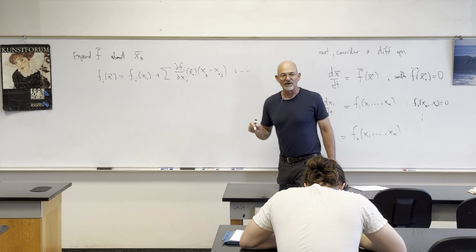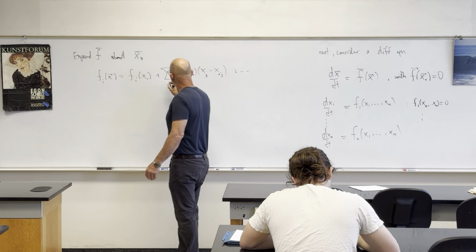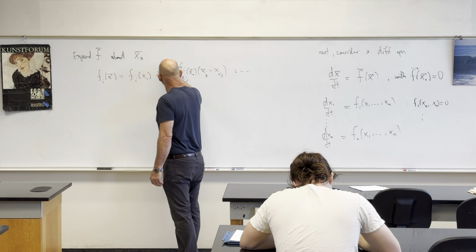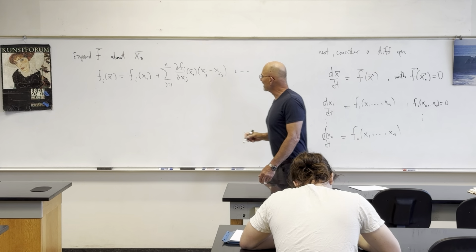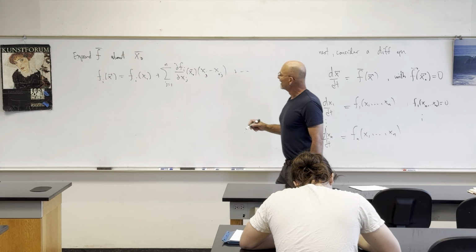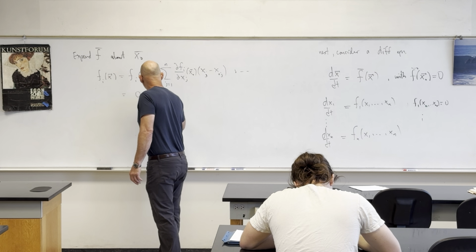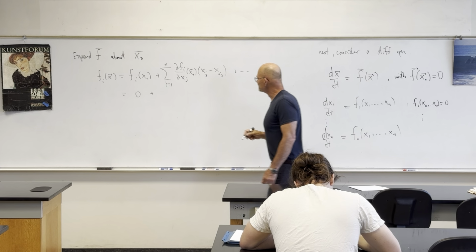Right, there would be higher terms. Sum over j equals 1 to n, provided everything's well behaved and exists. And remember, we were expanding about that 0 there.